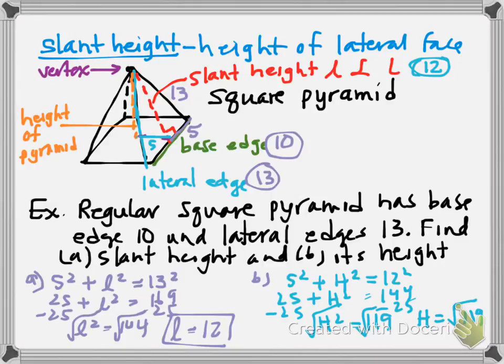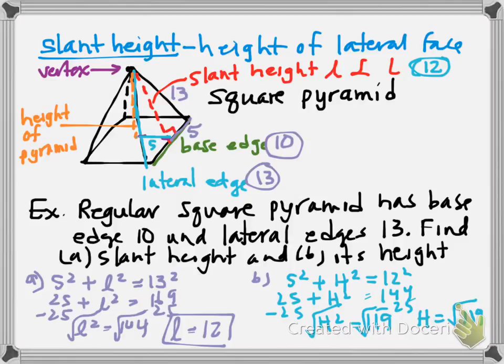Now, what if they asked me just to look at the lateral area of this pyramid? Lateral area now focuses in on the triangle. And how many of them do I have in this particular pyramid? 4. So I'm going to have 4 congruent isosceles triangles. If I figure out the area of 1, multiply by 4, I can get that answer.